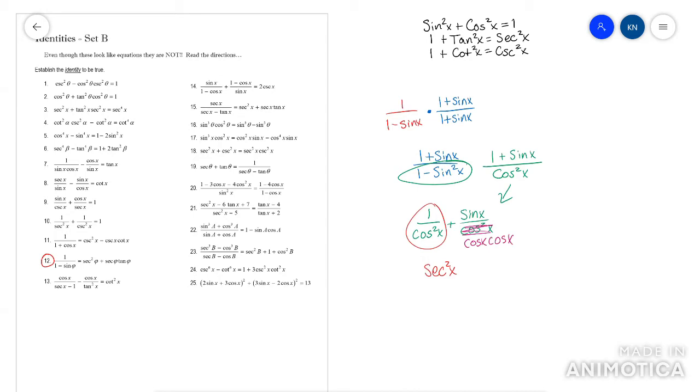The reason you want to think about it as 2 cosines is because you can group this sine in one of them. Sine over cosine is tan. And then you've also got this other cosine on bottom, so it's like 1 over cosine, which is secant. And that's what they wanted, secant squared plus secant tan. So I'd be done with that problem.